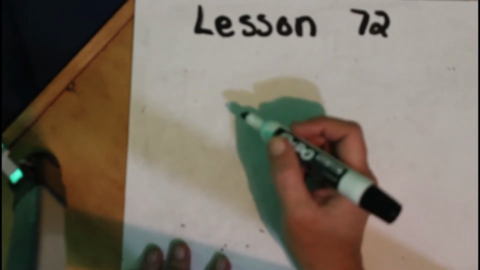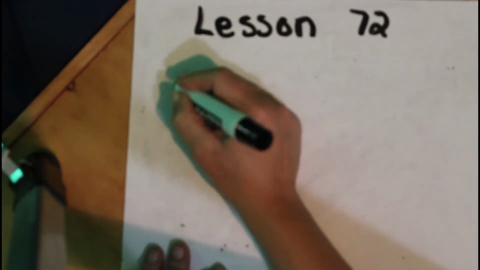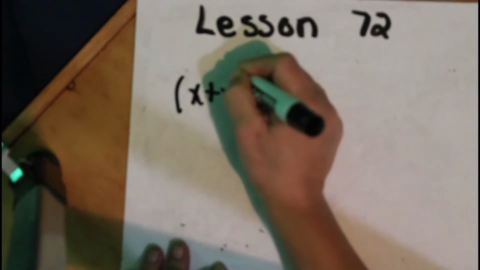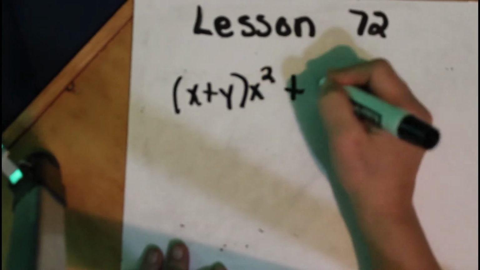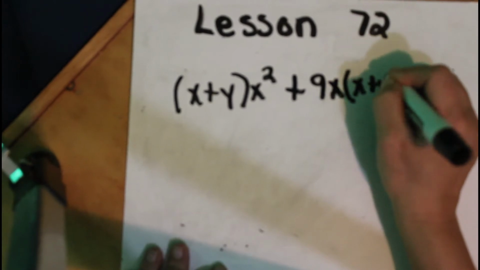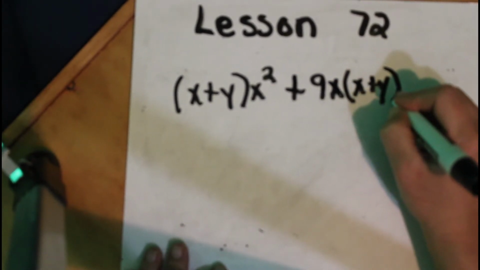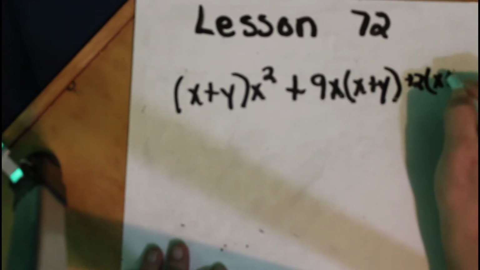These are just like you've been doing on factoring trinomials, except they're going to look more confusing because they'll have that addition in there, and you just have to factor that out first. Alright, so another one says (x + y) times x squared, plus 9x times (x + y), plus 20 times (x + y).